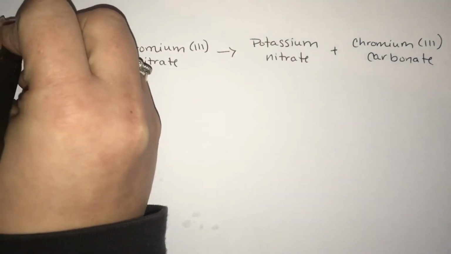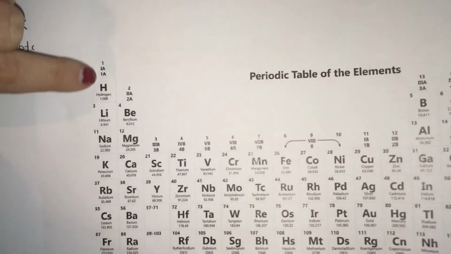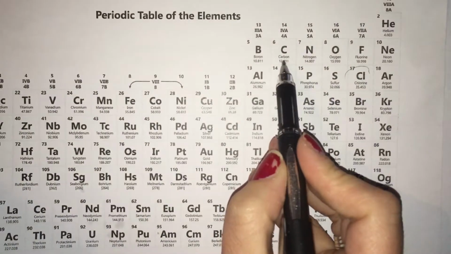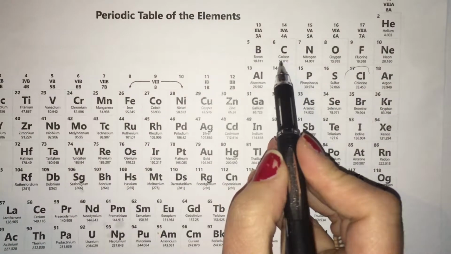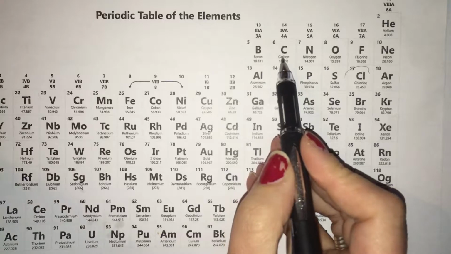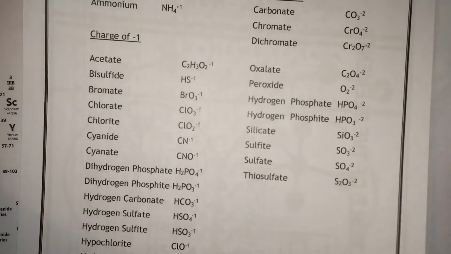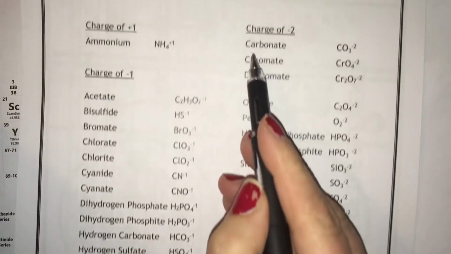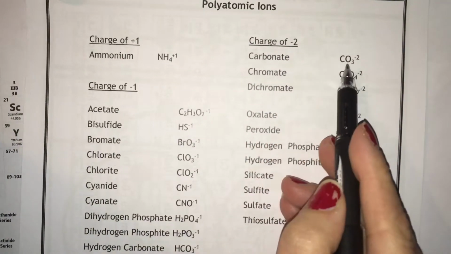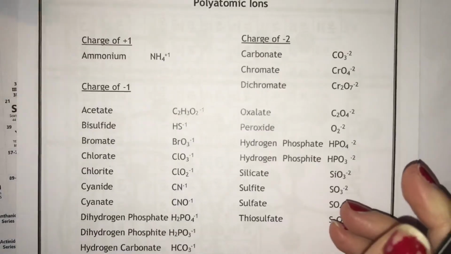So potassium, according to the periodic table, has a +1 charge. Carbonate, this is carbon, it's not carbide. This is not carbonate, so don't come and grab this on the periodic table. Carbonate is here on the polyatomic ions chart, so CO3 with a -2 charge.